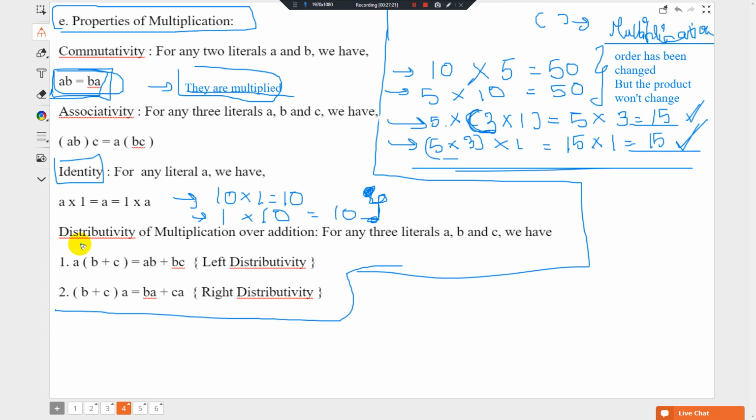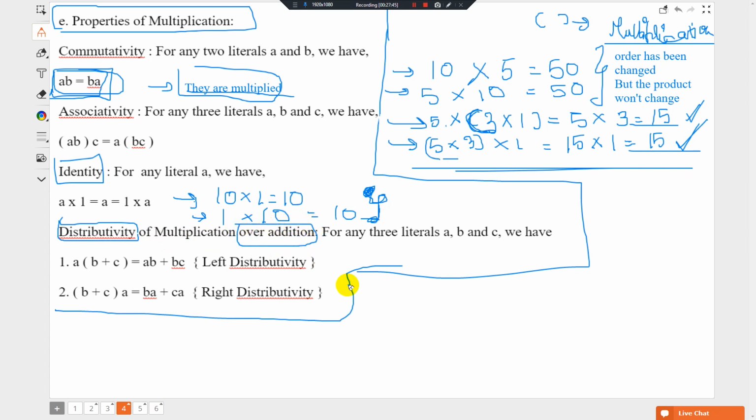Now, the distributive property of multiplication over addition for any three literals. We have learned the distributive property in multiplication. Why have they given the distributive property of multiplication over addition?